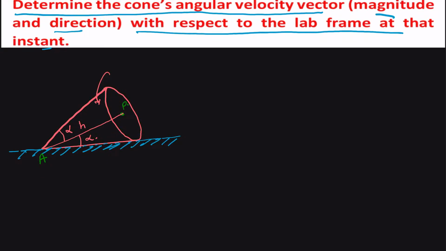So we can just draw a simple triangle where the vertex is given as A and it is extended to the point P, and let us draw a perpendicular from the point P to the horizontal base on which it is moving. And this angle is given as alpha, and we have h as the height.